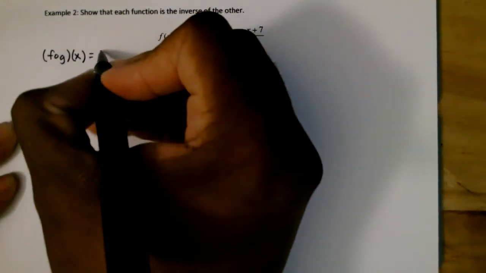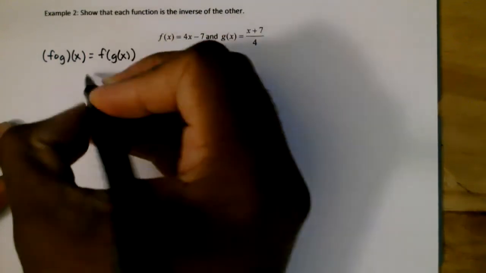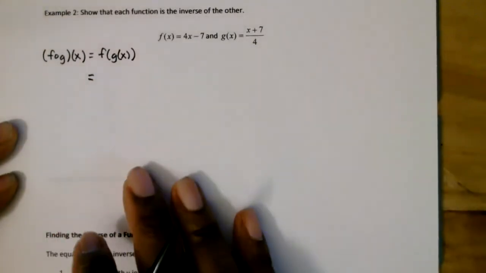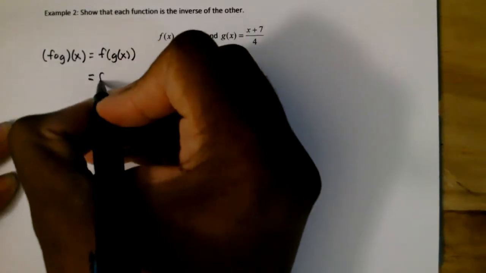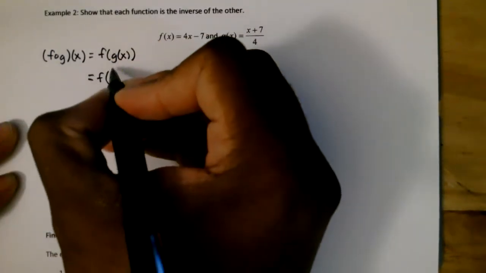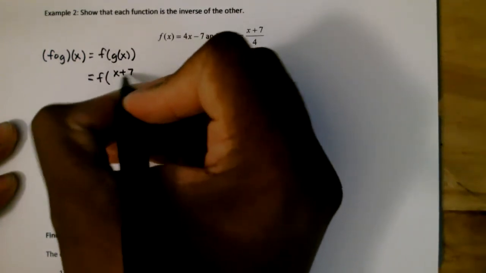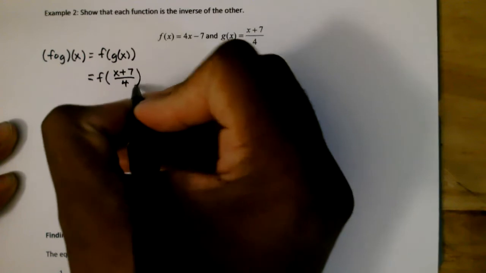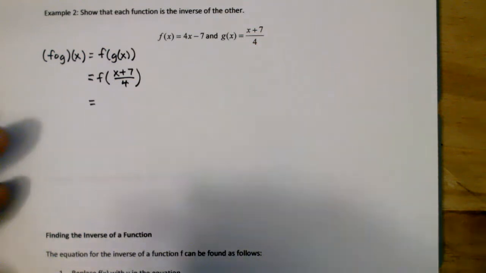So the composition of f with g of x is the same as saying f of g of x. Here g of x is your inside function, and g of x is x plus 7 over 4. So I'm going to bring down the f and replace the x with the g of x, x plus 7 over 4. So I'm going to be evaluating f of x plus 7 over 4.